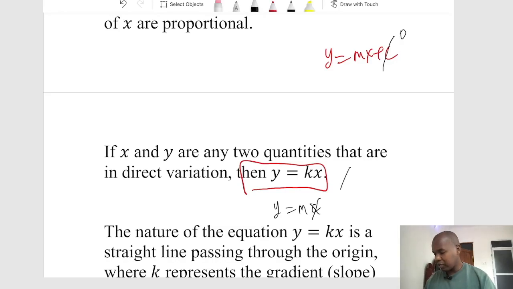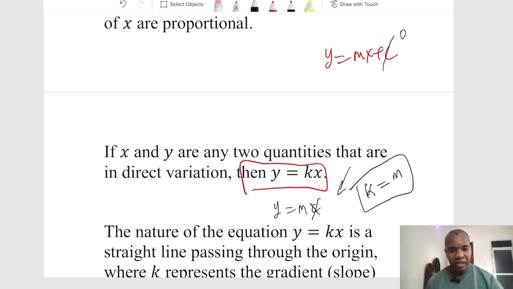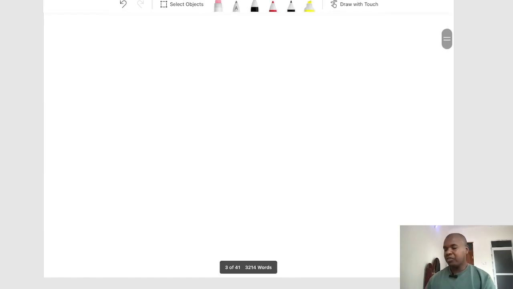You compare these two equations, and you come to understand that k is equal to the slope of the line, which is our straight line. We are going to see a graph here.